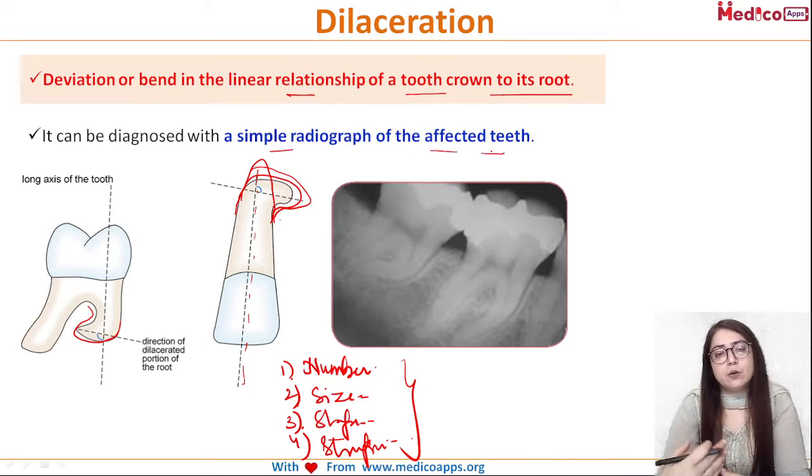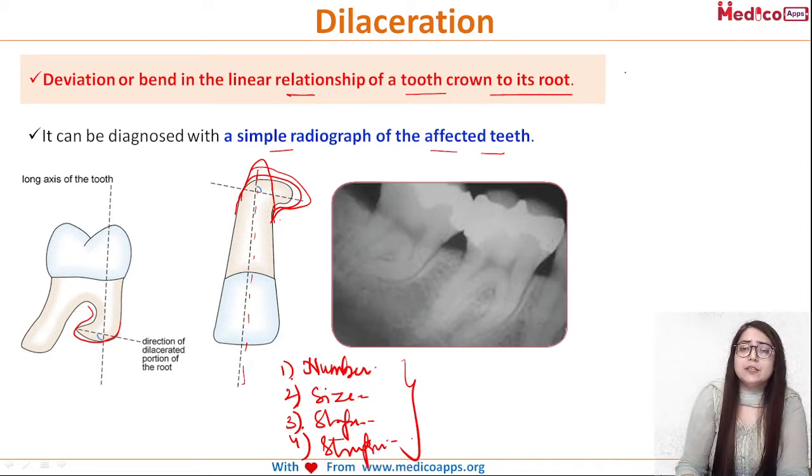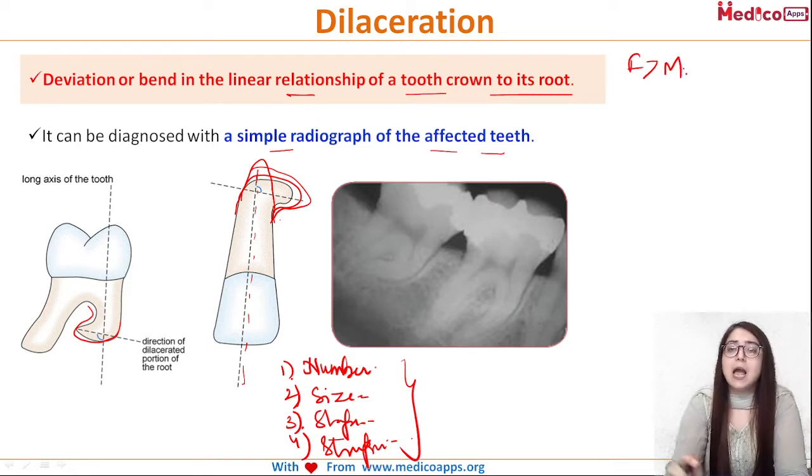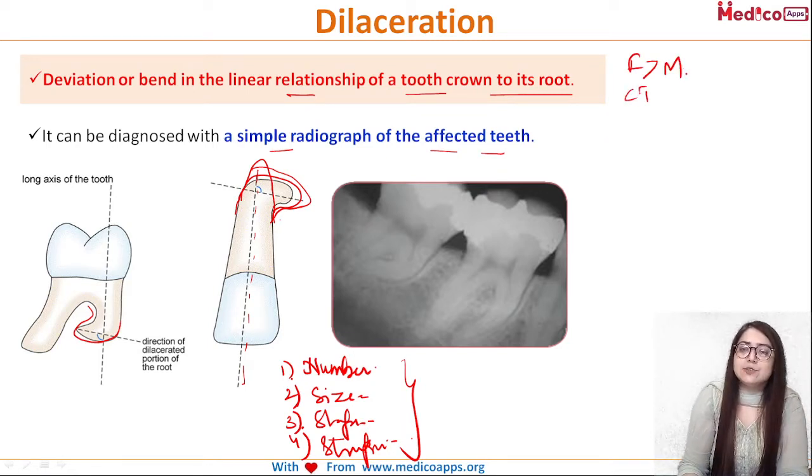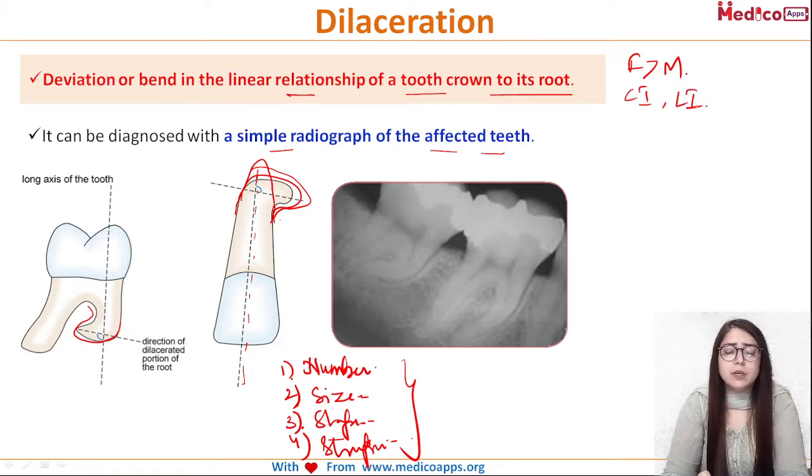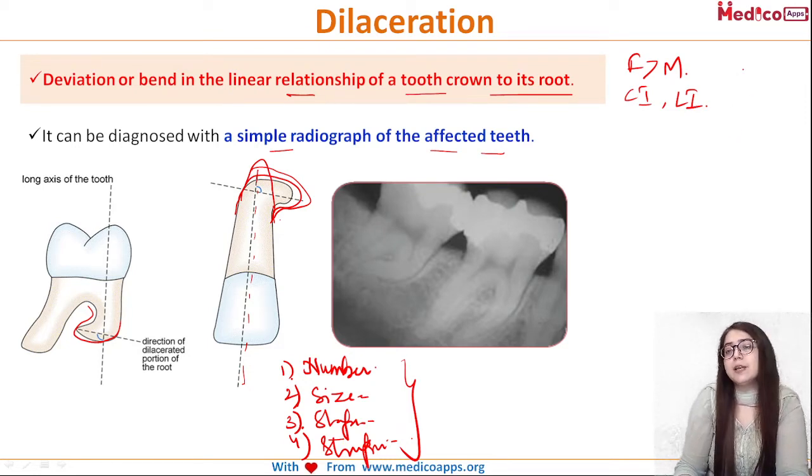So before going into radiographic diagnosis and all those things, let me tell you that dilaceration is more common in females as compared to males, and it is seen in central incisors and lateral incisors, though you can see it in any tooth, but the most commonly affected teeth are the central incisor and lateral incisor. Now all these questions are important for your viva, that's why I'm telling.